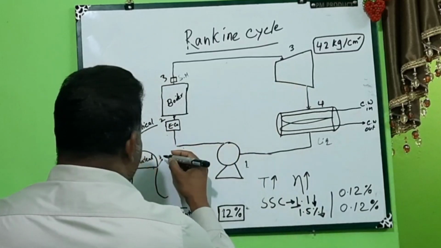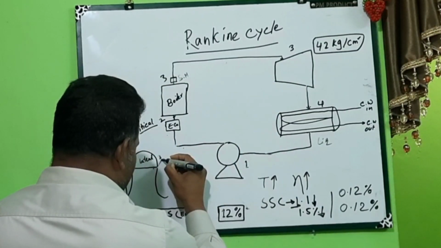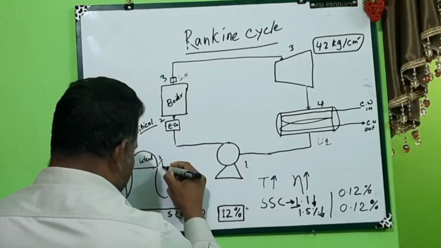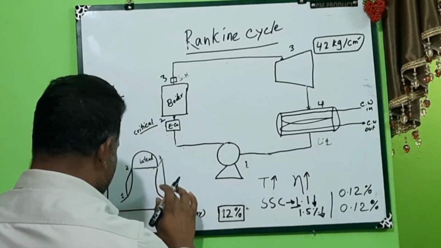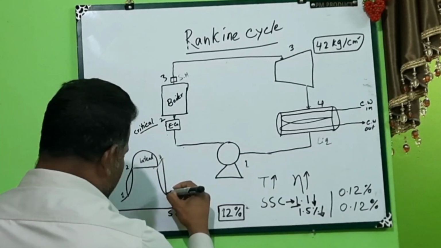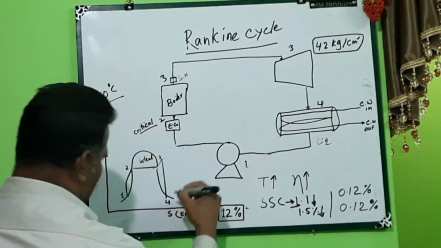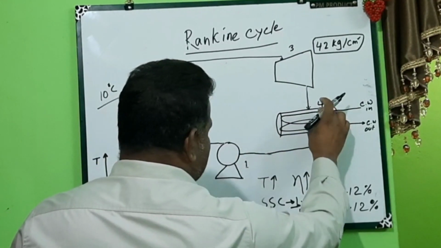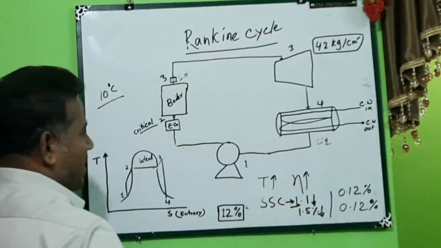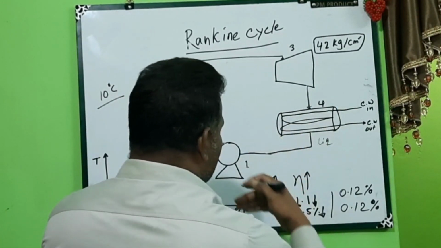It is called an isentropic process. After passing the turbine, the temperature will come down and the pressure will also come down, and it will come to this point. You can note this as point 4. After coming to this point, the condenser is provided on this side, and the condenser provides cooling water by counter contact.